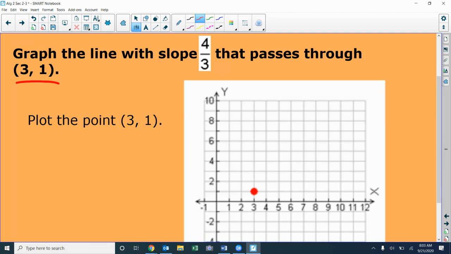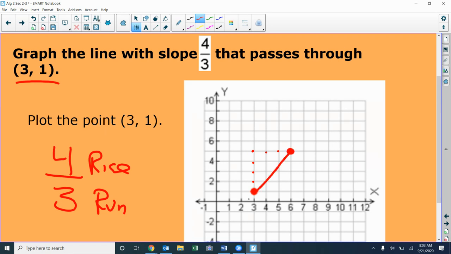So we have 4, 3. 4 is my rise. One, 2, 3, 4. 1, 2, 3. So let's label that point.